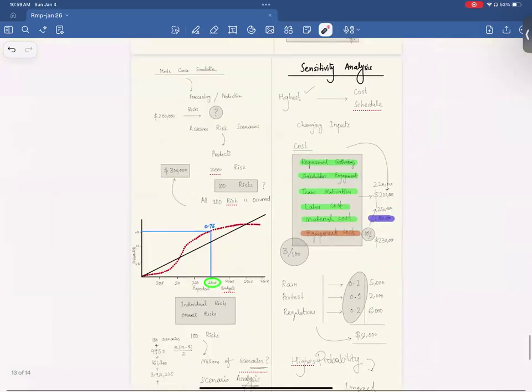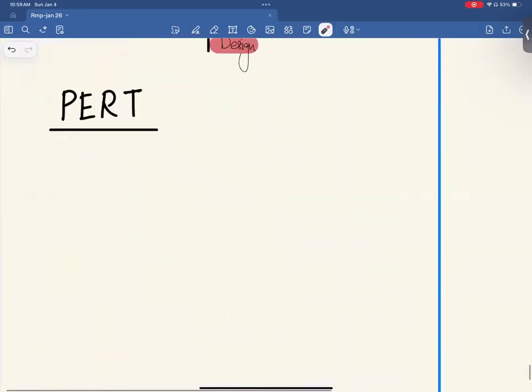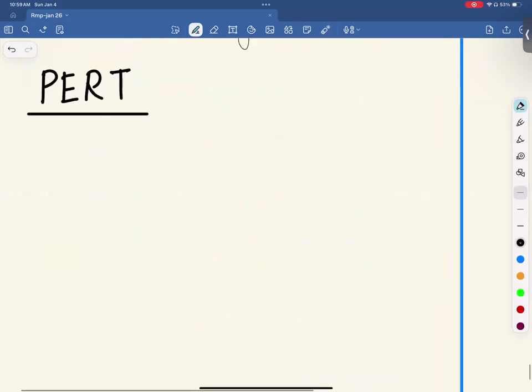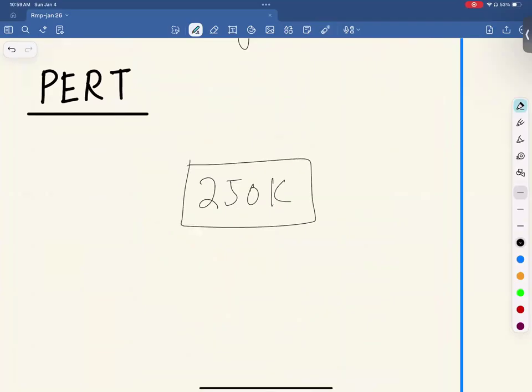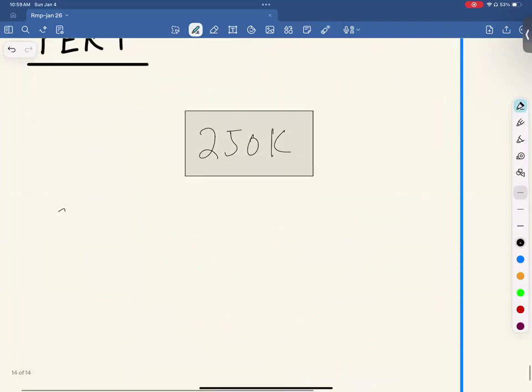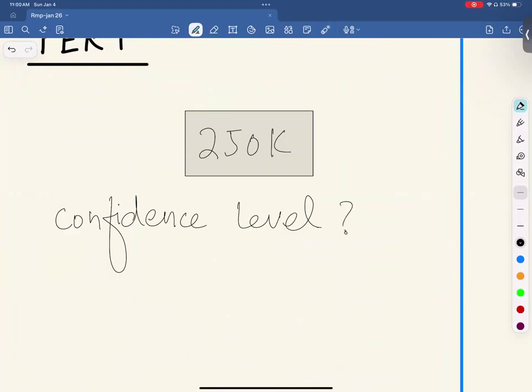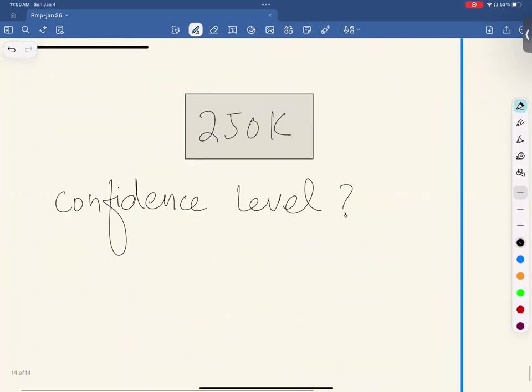In simple words, if I further simplify, you approach your management and say, our project budget is 250K. And your management asks, what is the confidence level? How confident are you that you will be completing your project in 250,000? Monte Carlo simulation will tell you that confidence level, right?